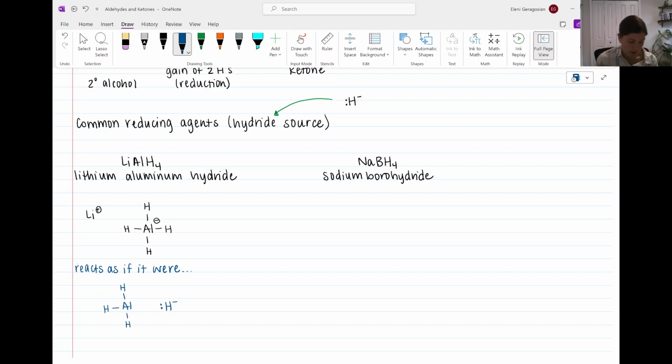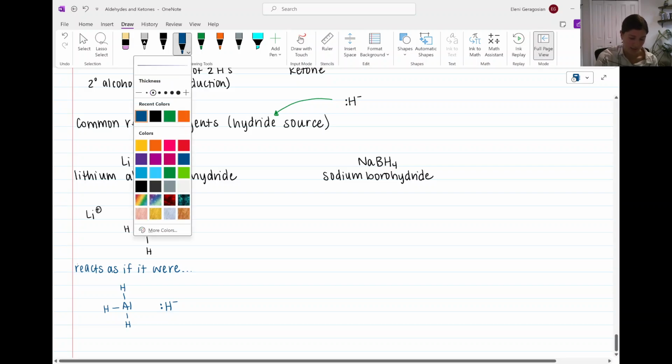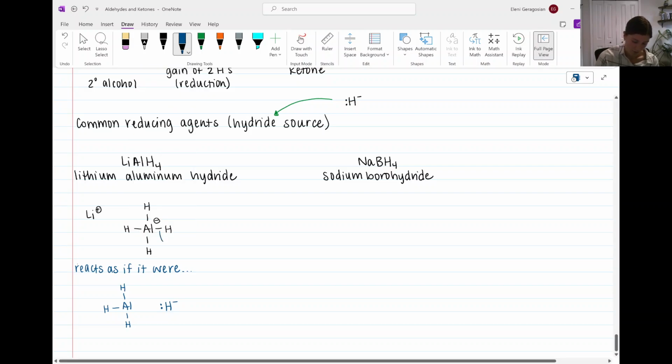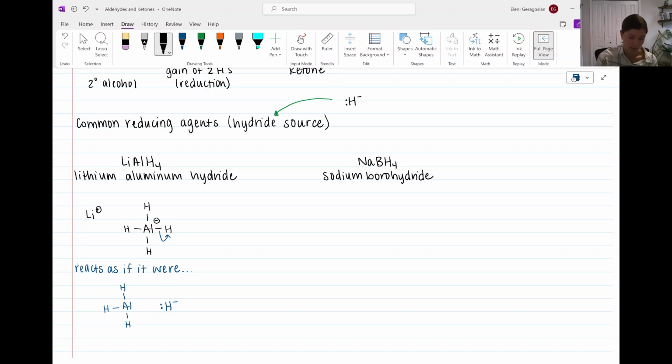So we have a hydride ion. This is why lithium aluminum hydride is a hydride source. And then aluminum, which can act as a Lewis acid. So really, we show one of the hydrogens leaving the aluminum.